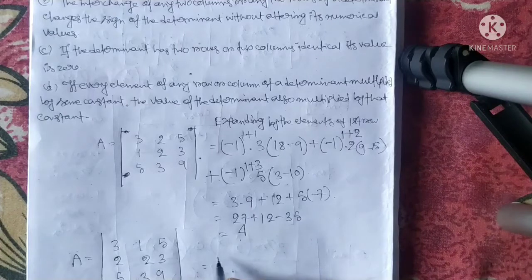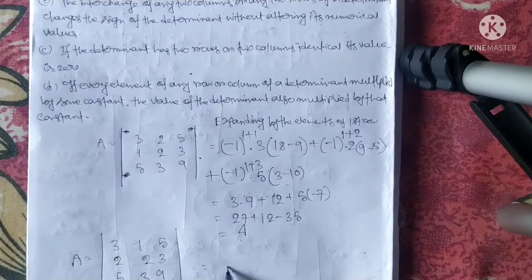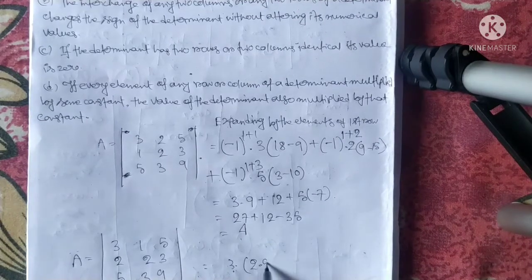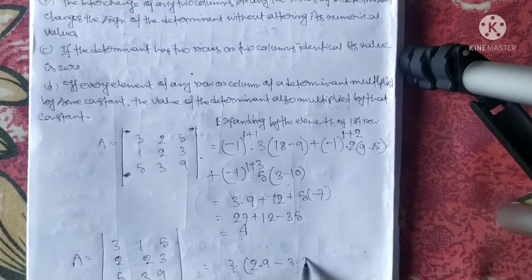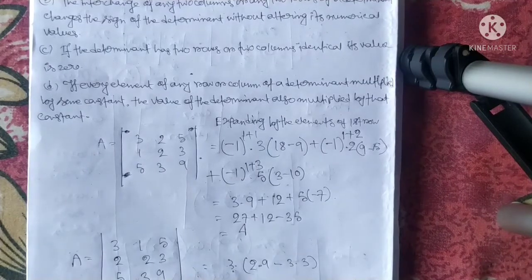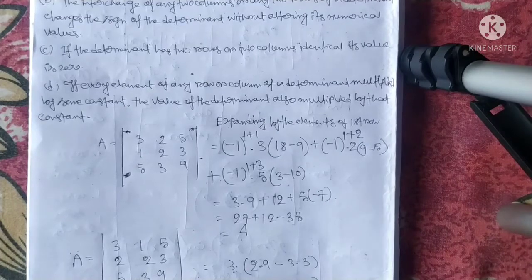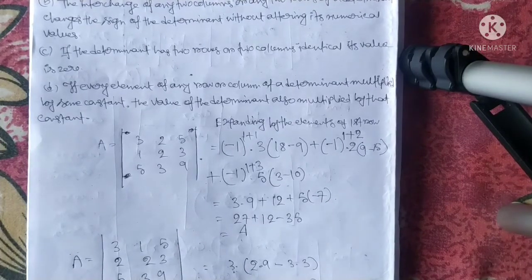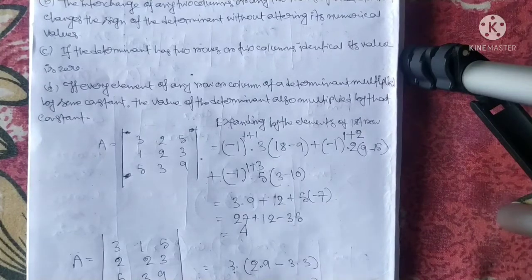Now if we calculate that, you will see that I am calculating it directly, so it will consume less time. Plus 1 into 3 into 5 minus 9 into 2, plus 5, 2 into 3 minus 25.